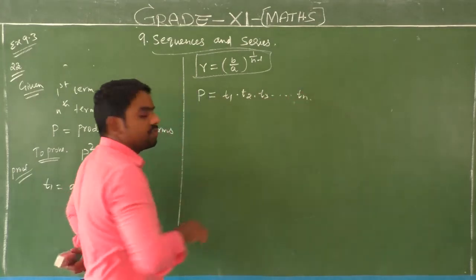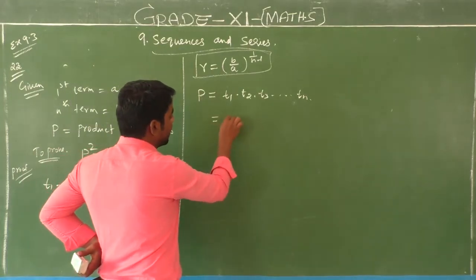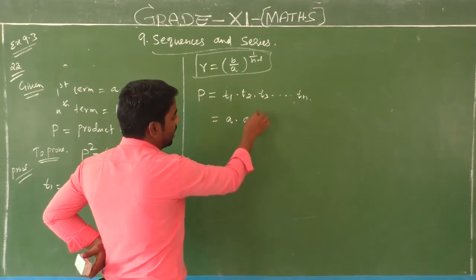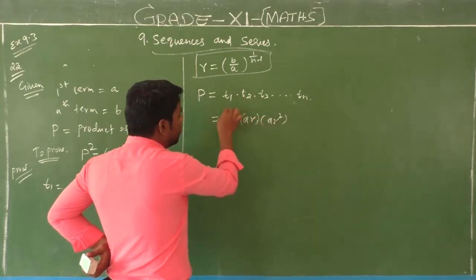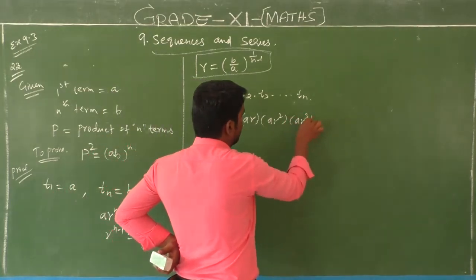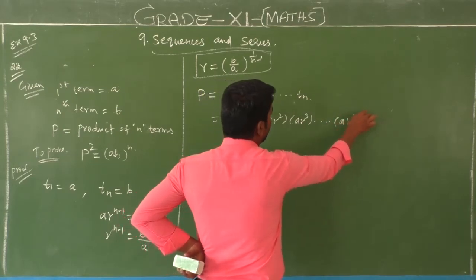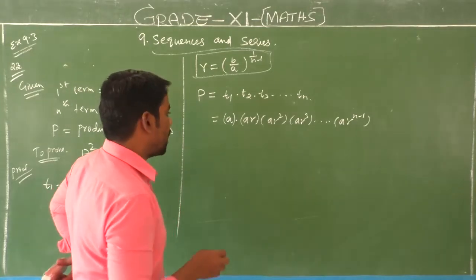This is the product of n terms of the geometric progression. T1 is A, term 2 is AR, term 3 is AR squared, term 4 is AR cube, and so on. The nth term is AR power n minus 1.